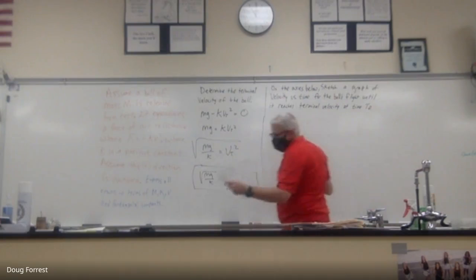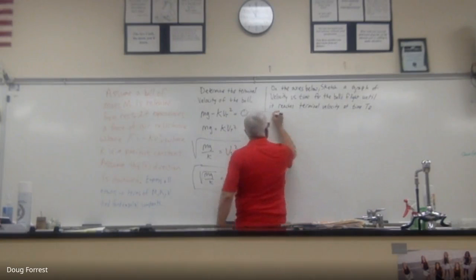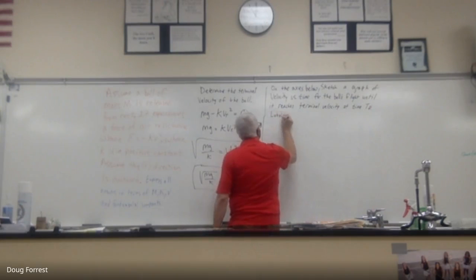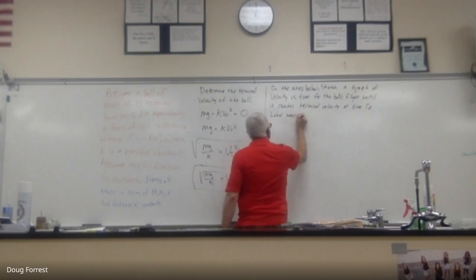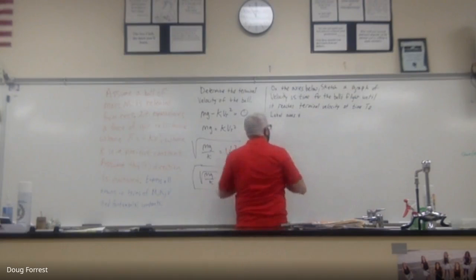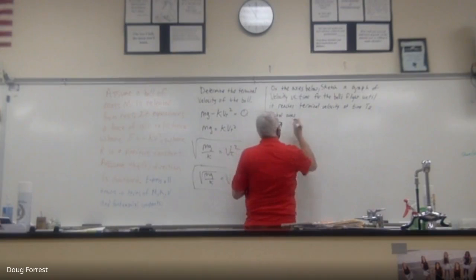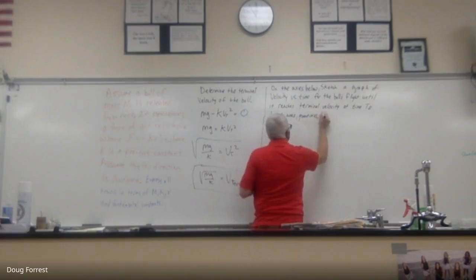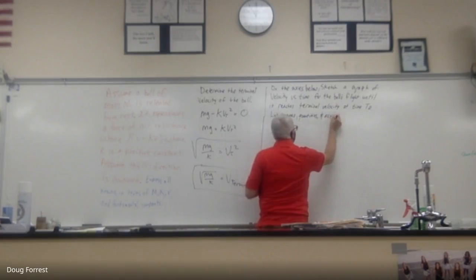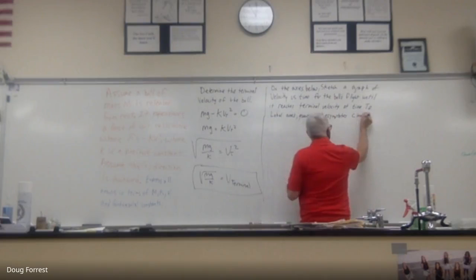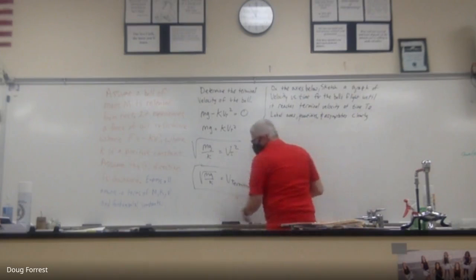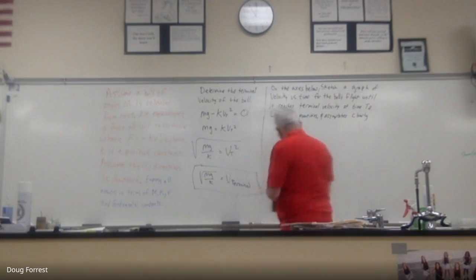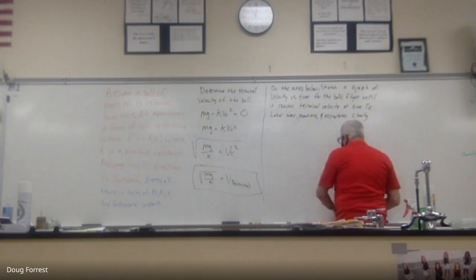And they'll normally say something like label axes, quantities, and asymptotes clearly. I don't know if that's the exact wording, but it'd be something like that. So what they would give you would be something like this. I'll put it in red.